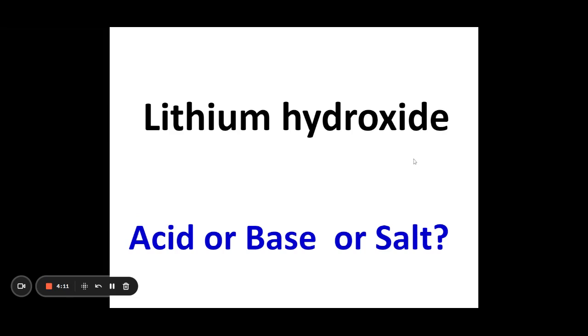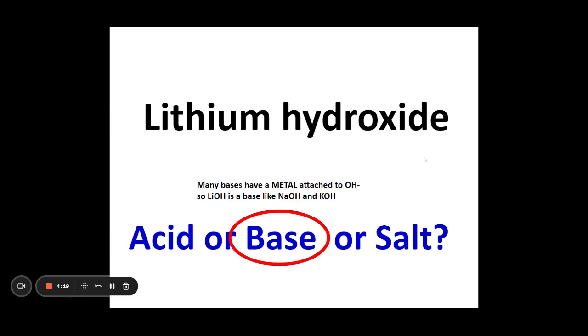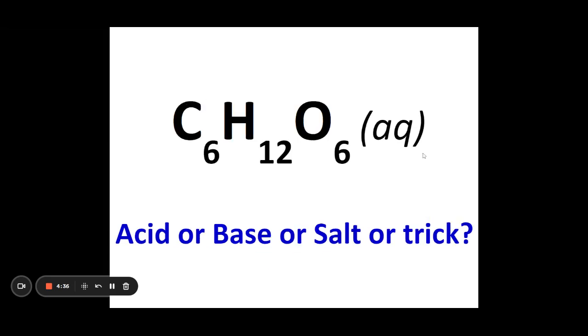Lithium hydroxide, or LiOH, a metal attached to hydroxide, the OH minus ion. This is a base. It may not be listed on table L, but it has the same format. It's a metal attached to an OH ion, just like NaOH or KOH. So lithium hydroxide is also a base, but it's a little bit of a sneaky one. You have to see the pattern to table L.